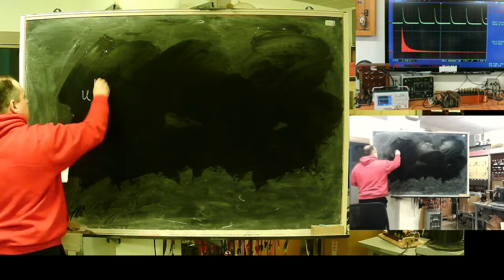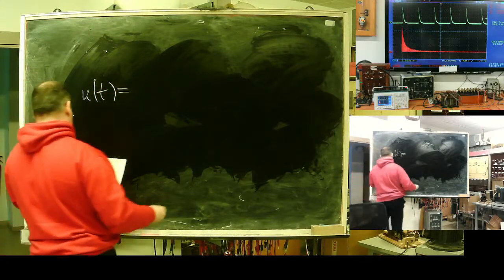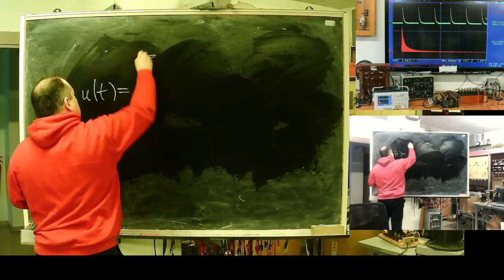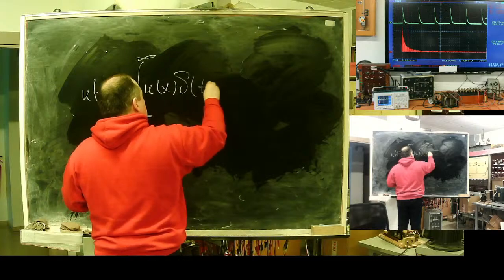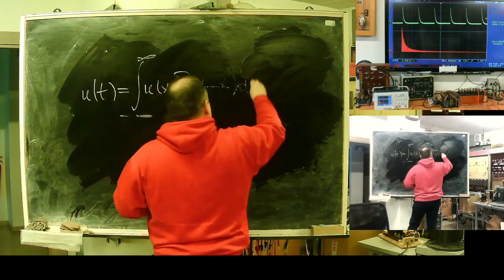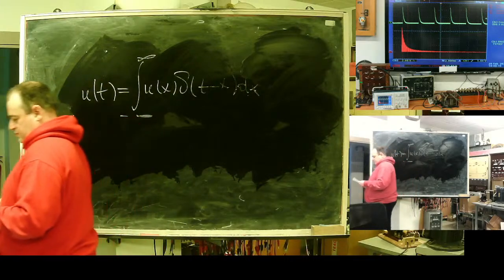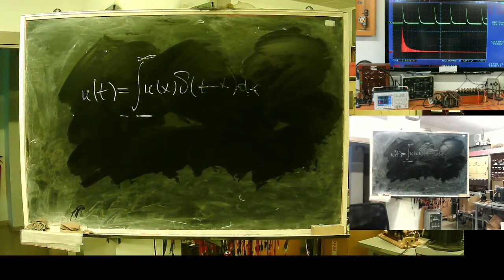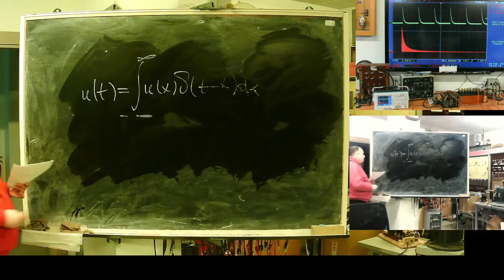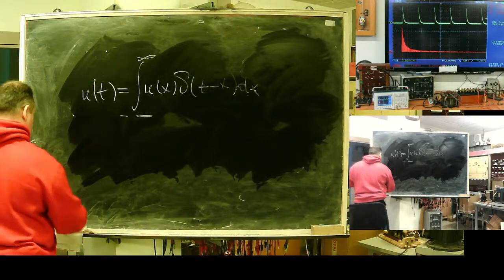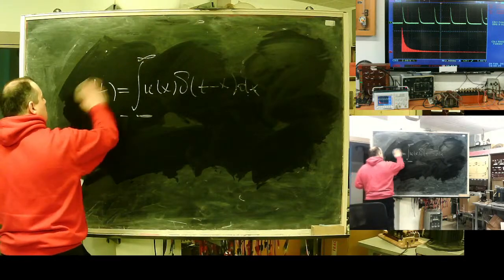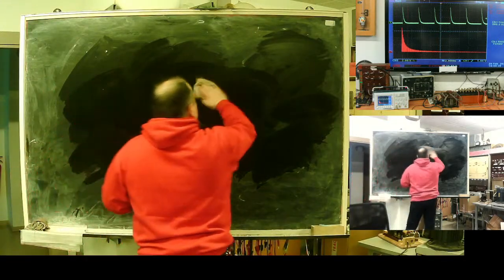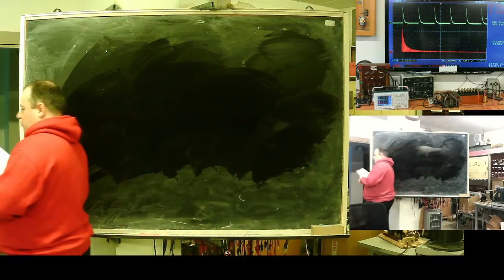Also, this can be written as the integral from minus infinity to infinity of delta t0 minus x dx. One moment, you'll see what that is. What comes of this?